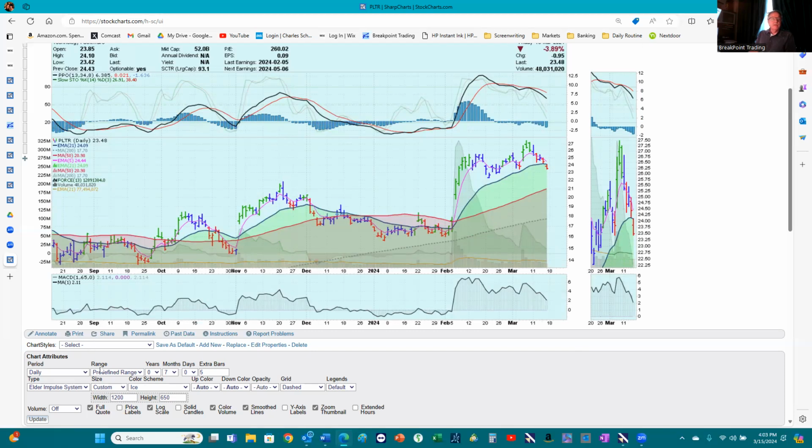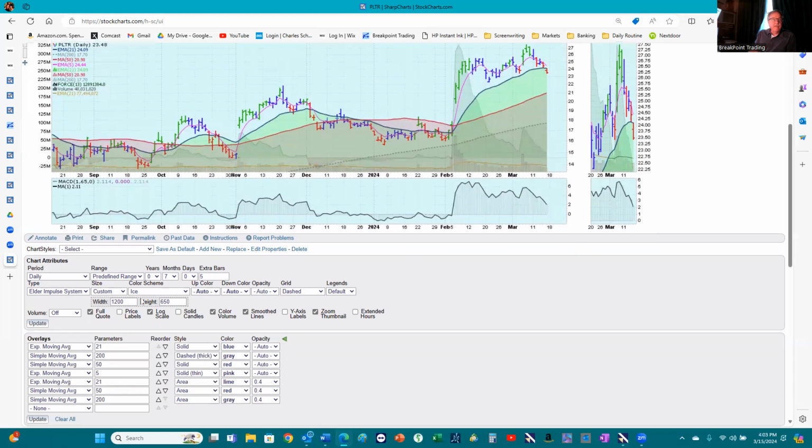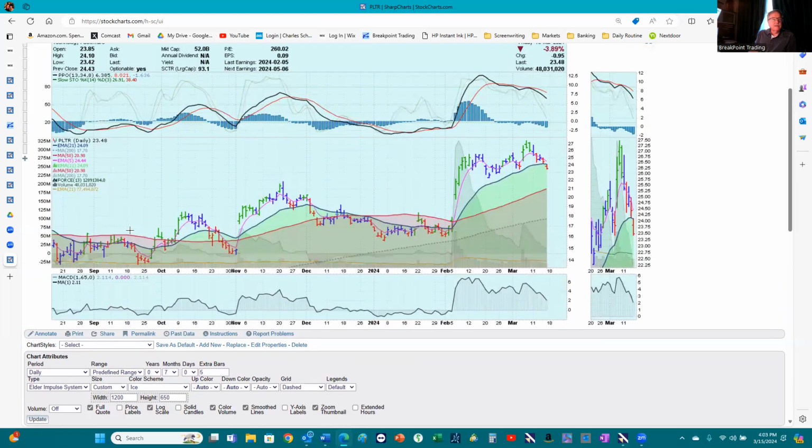So 1 is basically the price, and the 65 is a 65-day moving average. Remember, 65 equals 1 week. So I'm comparing 1 day to 1 week. And that's why this gives you a weekly view.